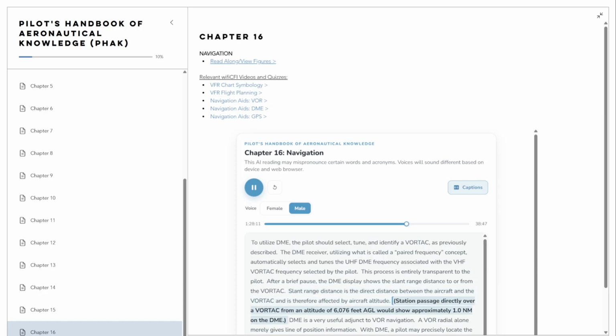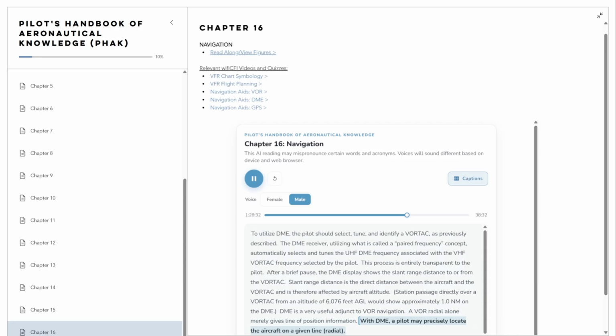Station passage directly over a VORTAC from an altitude of 6,076 feet AGL would show approximately 1.0 nautical mile on the DME. DME is a very useful adjunct to VOR navigation. A VOR radial alone merely gives line of position information. With DME, a pilot may precisely locate the aircraft on a given line, radial.